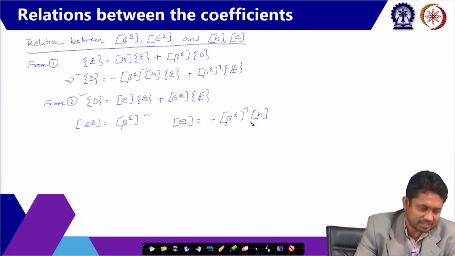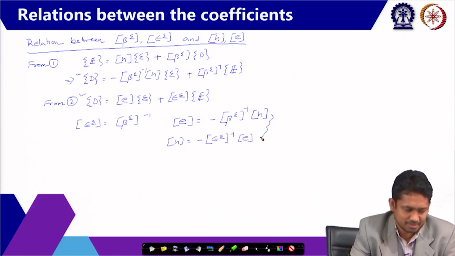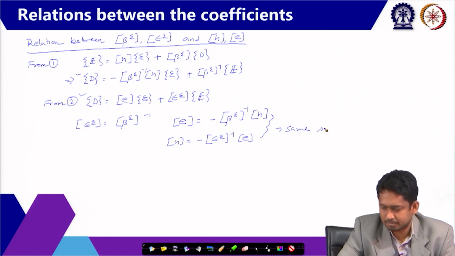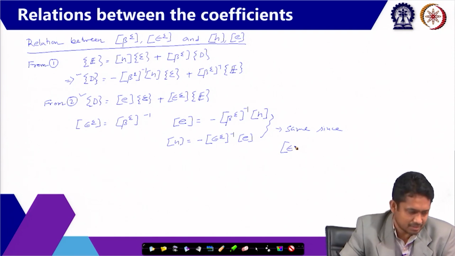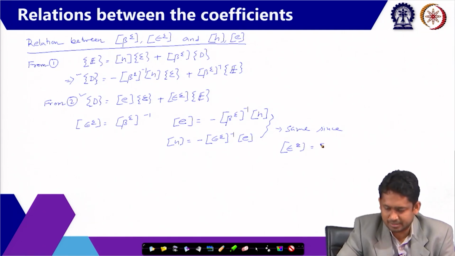Now, while relating c^D and c^E, we saw that h came to be equal to minus of epsilon inverse e, but these relations are same because we know that epsilon is equal to beta^epsilon inverse.